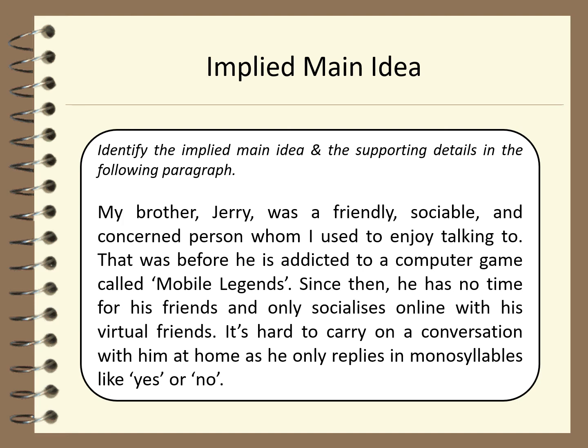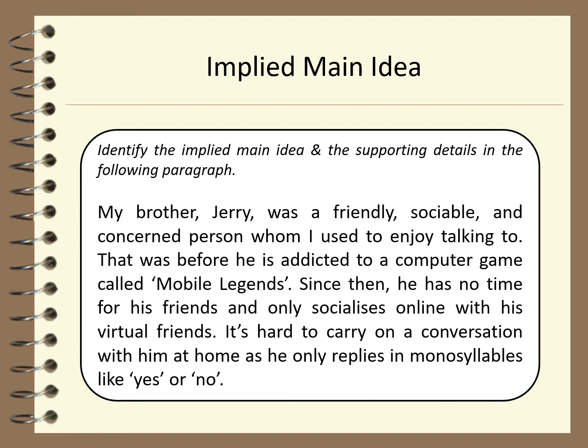Okay, so looking at this particular paragraph, there is no topic sentence, meaning there is no particular sentence that basically tells you the rough idea of the whole paragraph, what it is all about. So what do you need to do? You need to try to summarize or come up with a conclusion in order to get the main idea.